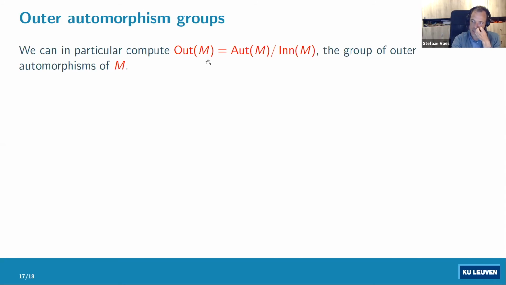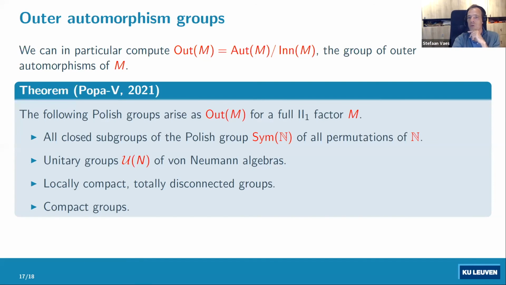Now, the nicest case is the one of so-called full II_1 factors, namely when the inner automorphism group is a closed subgroup of the full automorphism group. In that case, the quotient group is again a nice Polish topological group. And the question is, can you determine this group of outer automorphisms, and then of all automorphisms, of a given II_1 factor?